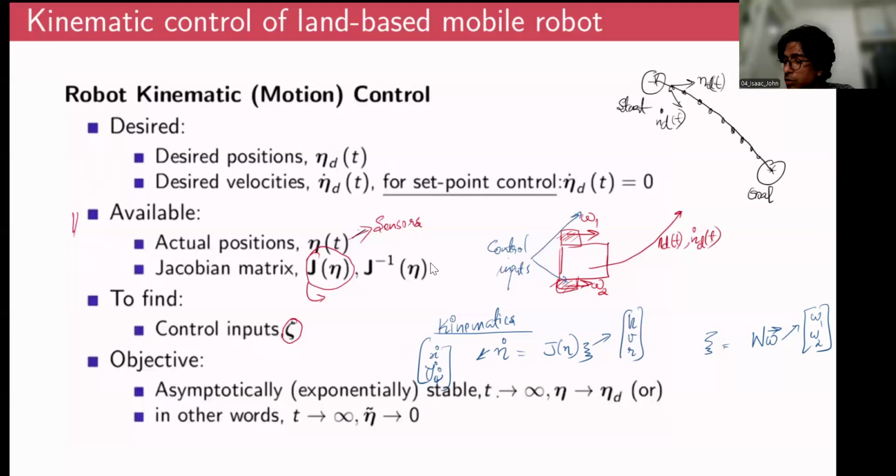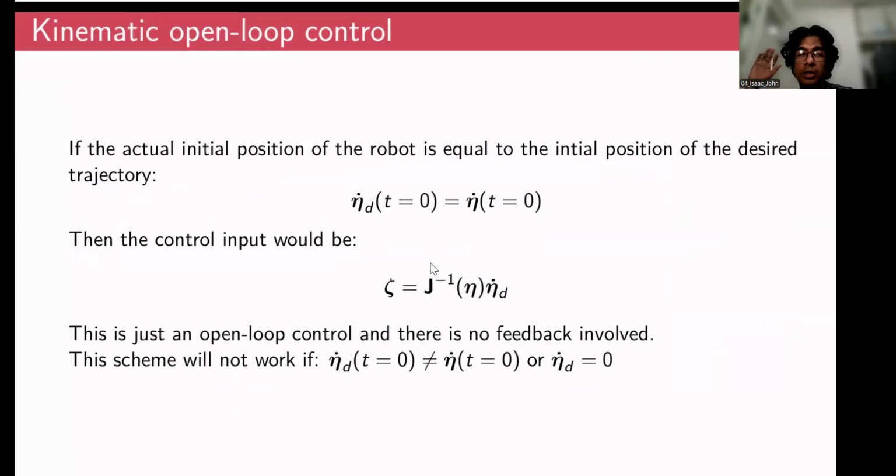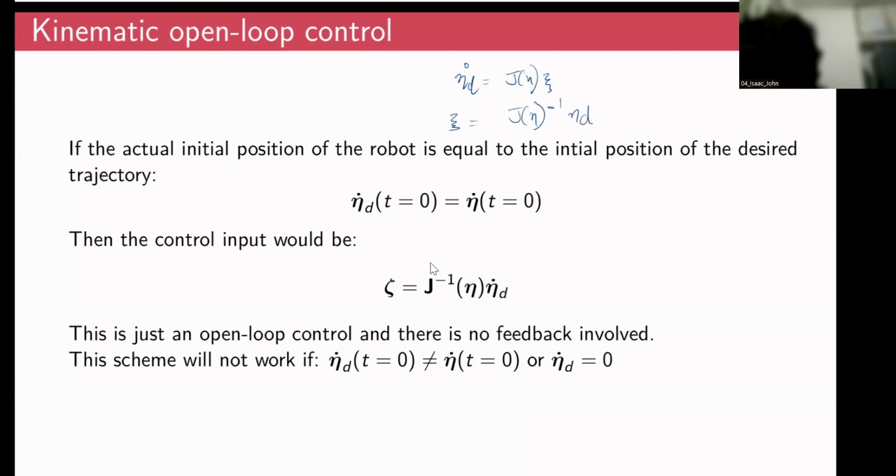So that is how you find the kinematic control inputs of a wheeled mobile robot. You can do this in two ways. You can probably use feed forward control, just like an open loop control, where if eta desired dot is J of eta multiplied by theta, you can determine theta as J of eta inverse eta desired dot, right?